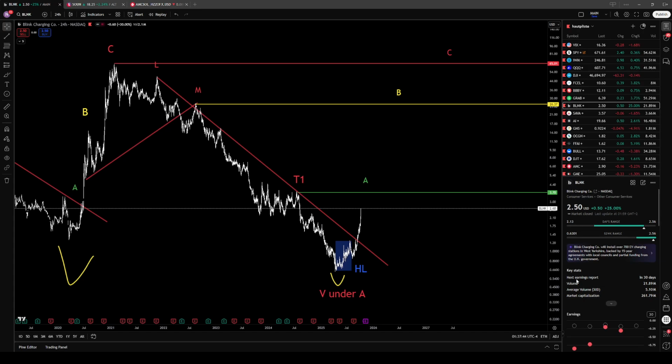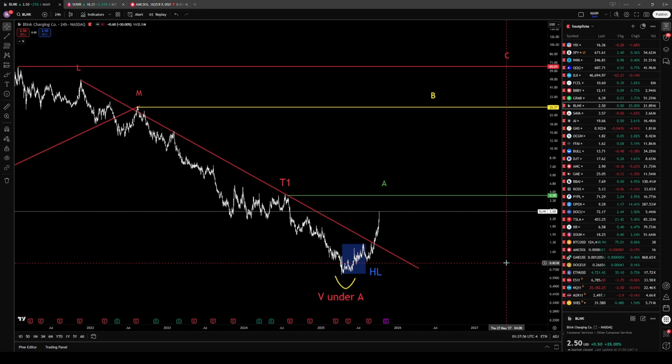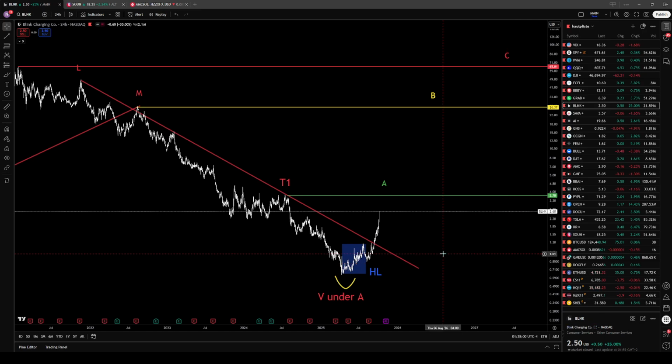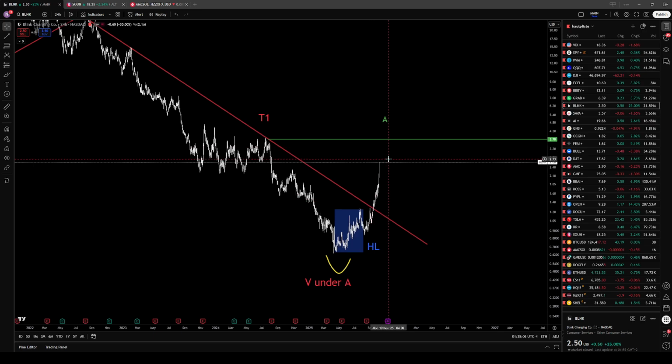The news was that Blink Charging is getting a contract from the UK government. So if I'm not an insider on this or a government official worker, why did I know that the stock will go up? Why did we already run 14% in pre-market without the news?